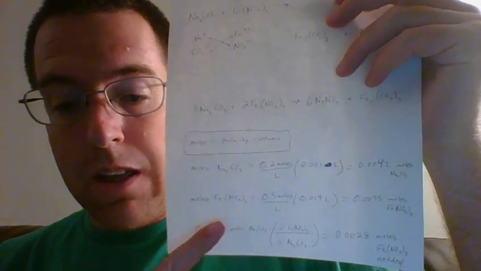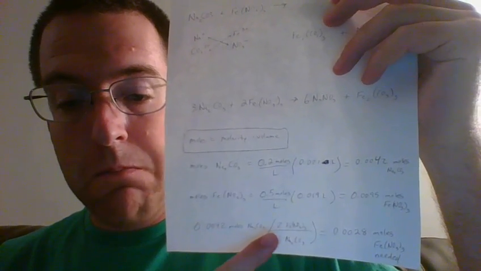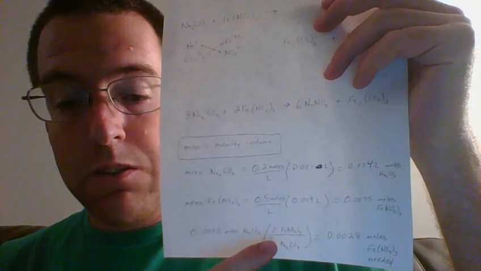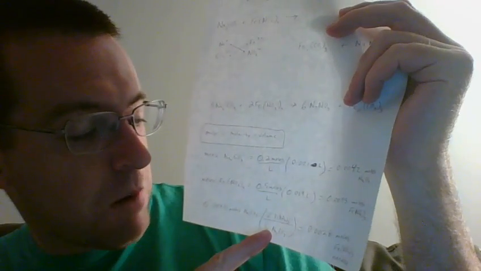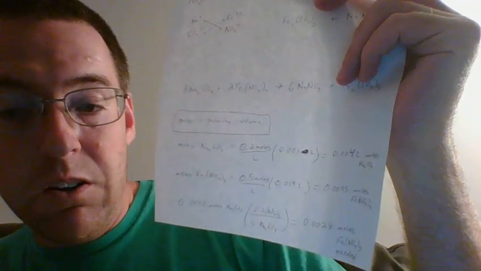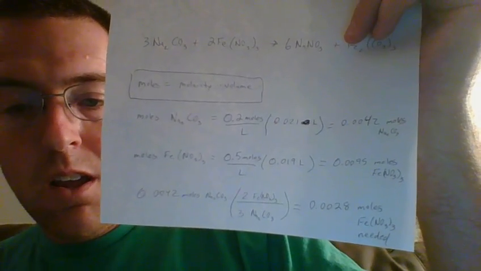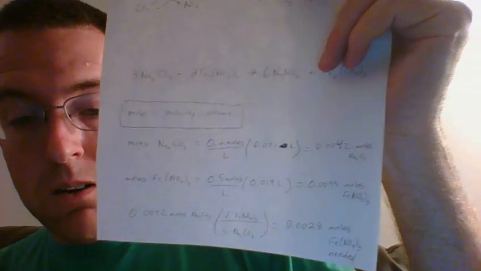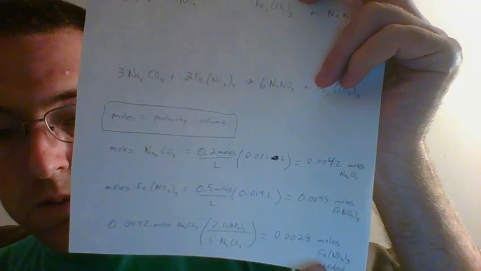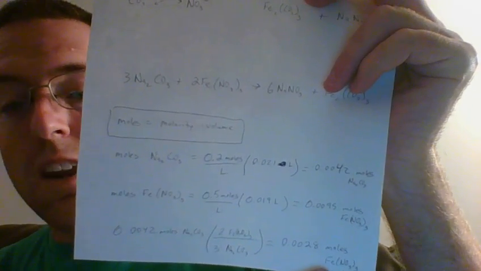So we take these moles of sodium carbonate, and for every 3 moles of sodium carbonate we need 2 moles of iron(III) nitrate. You do this math here, and we end up with this many moles of iron(III) nitrate that we need in the reaction.